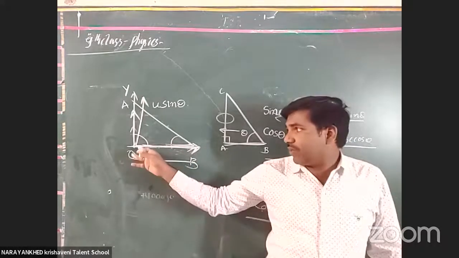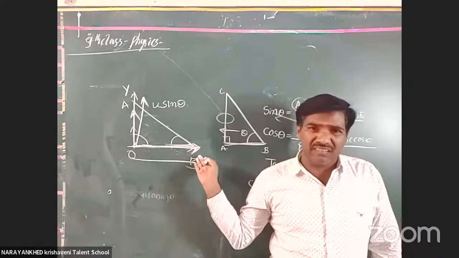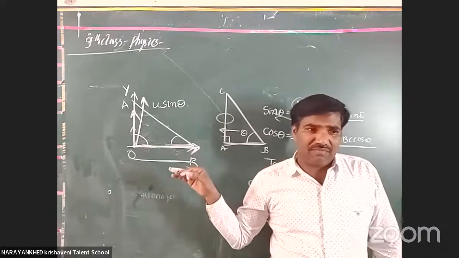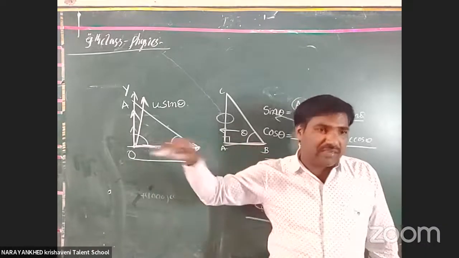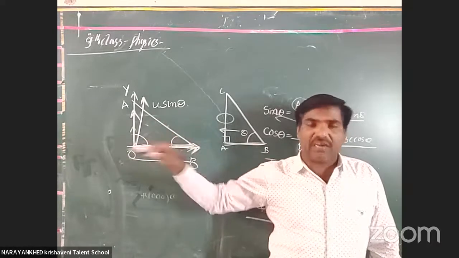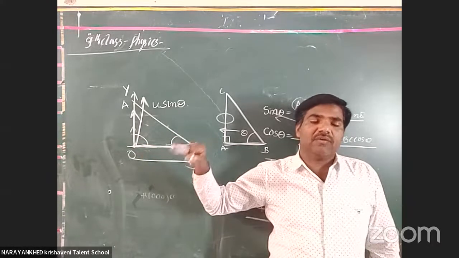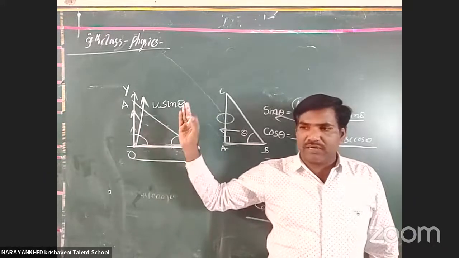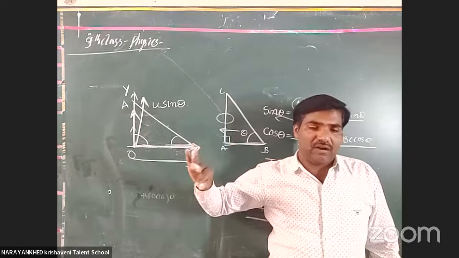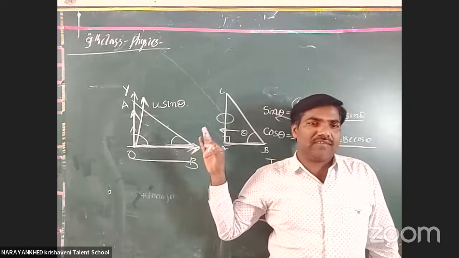Whatever the velocity is along the horizontal mode, changing in a horizontal mode, at that time you take it as cos theta. The vertical component is sin theta. The horizontal component is cos theta.